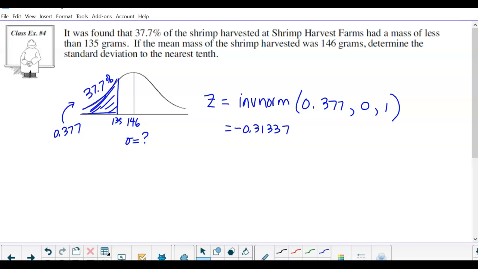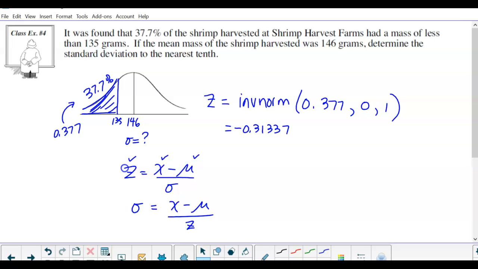Remember our formula from yesterday: z equals X minus mu over standard deviation. We could find the z-score if we knew all of these pieces of information. What do we know? We know 135 and 146, and Z we now know, so we can solve for our standard deviation.